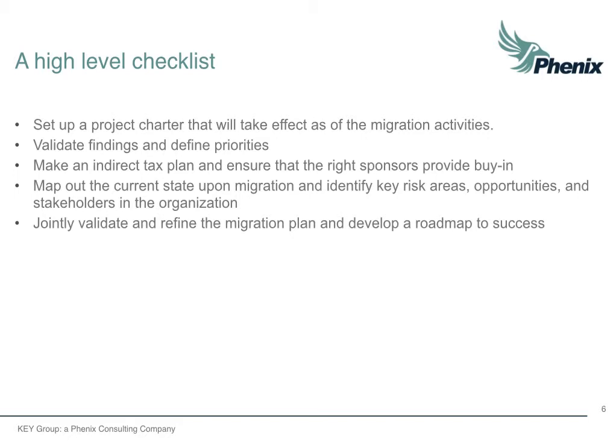Third, make an indirect tax plan and ensure that the right sponsors provide buy-in. Fourth, map out the current state upon migration and identify key risk areas, opportunities, and stakeholders in the organization. Fifth, jointly validate and refine the migration plan and develop a roadmap to success.